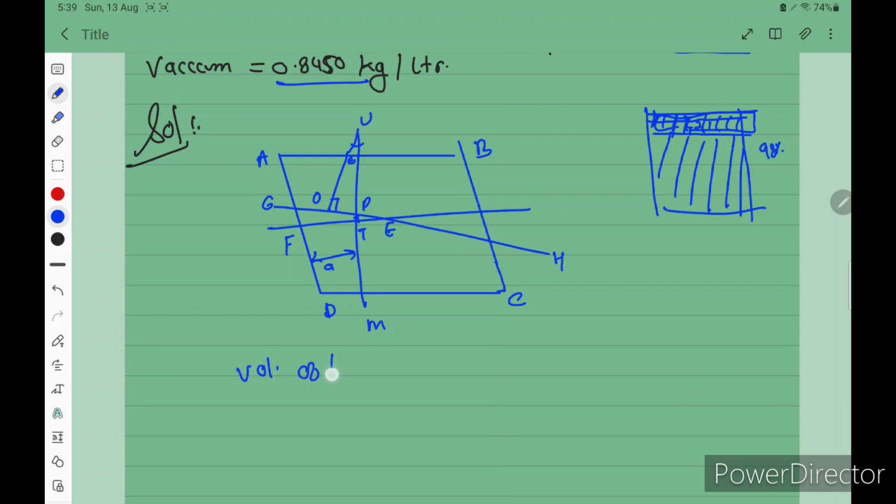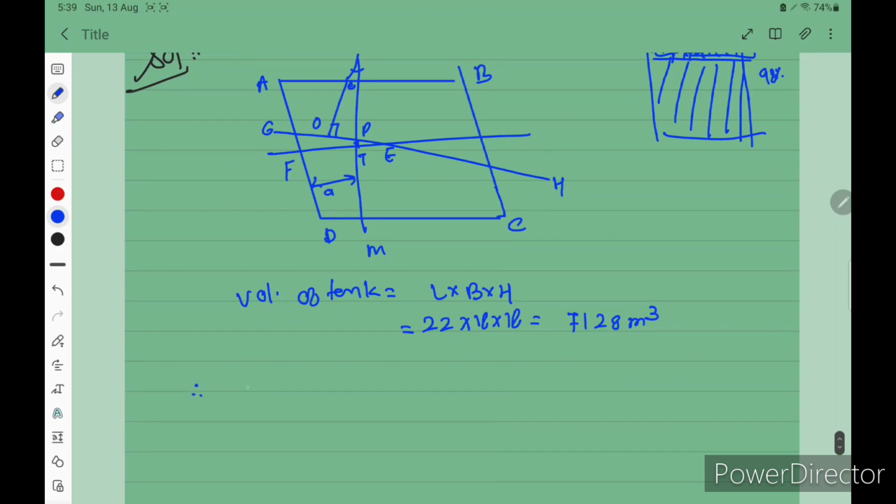Volume of tank is equal to length into breadth into height. So 22 into 18 into 18 is equal to 7128 meter cube. Now let's consider this is your volume of tank. What is the volume of tank? This is oil and this is free space.